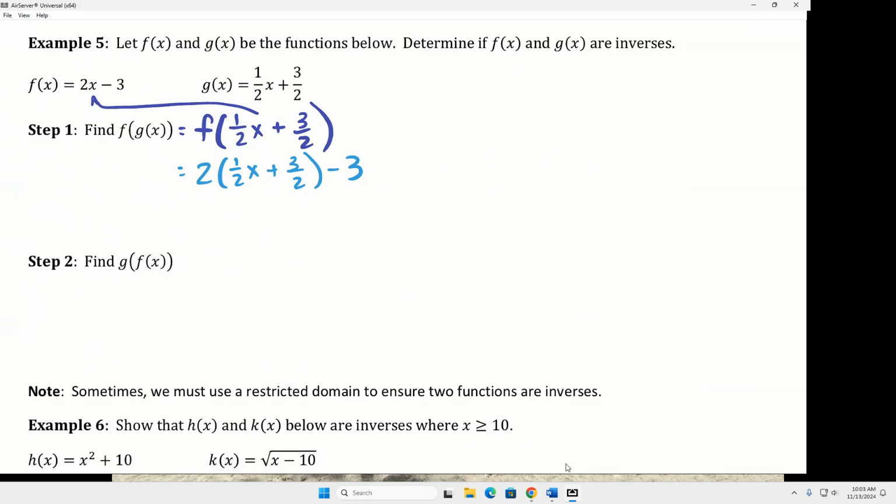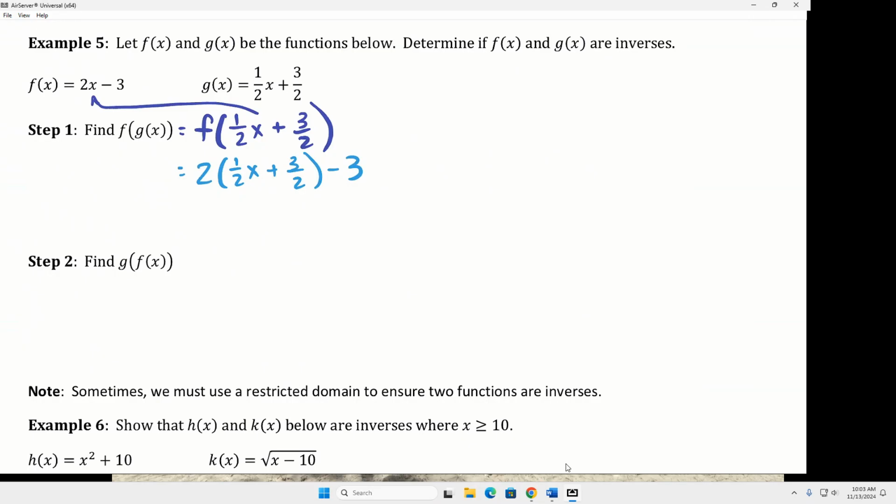Now, I know you guys are really, really smart, and I've been doing this a long time, and I'm going to show you what people do that they won't get points for. So everybody knows that this should end up being x, and so this is what people do. They just do slash, slash, slash equals x. Don't do that. Let's do all the steps.